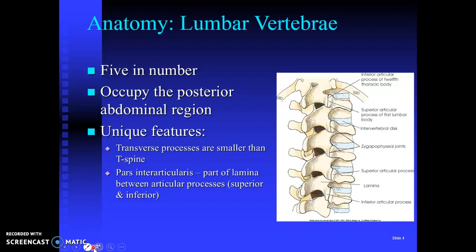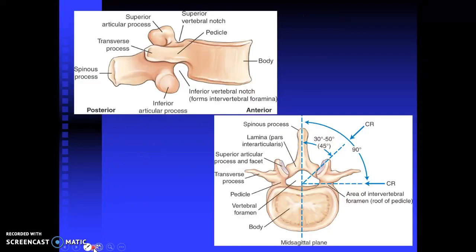Then they have the pars interarticularis, which is part of the lamina between the articular processes, the superior and the inferior processes.